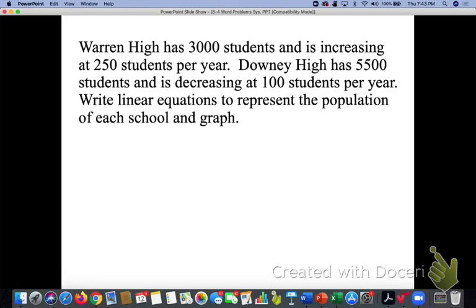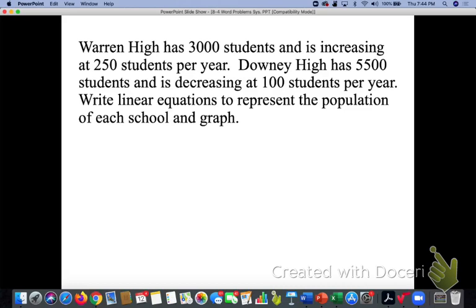So what is changing is our population and the years, right? We really have to decide which is the dependent. Is the population dependent on the year? Does the year depend on the population?